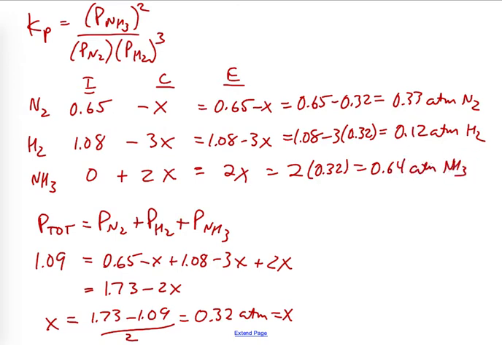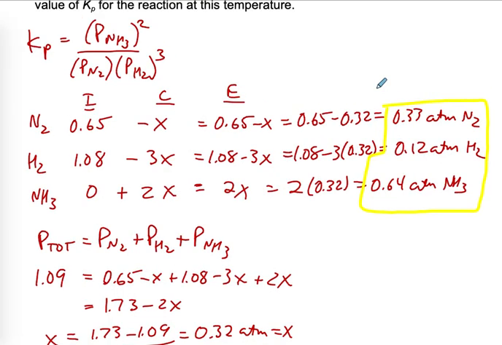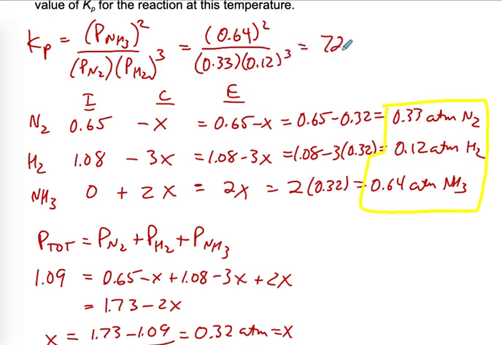So I'm going to draw a box around my equilibrium partial pressures of all these components. And now, having determined those, I can go back up and I can plug those into the Kp expression. The partial pressure of ammonia is 0.64 quantity squared divided by the partial pressure of nitrogen, 0.33, times the partial pressure of hydrogen, 0.12 cubed, gives me a value of 720 for Kp.